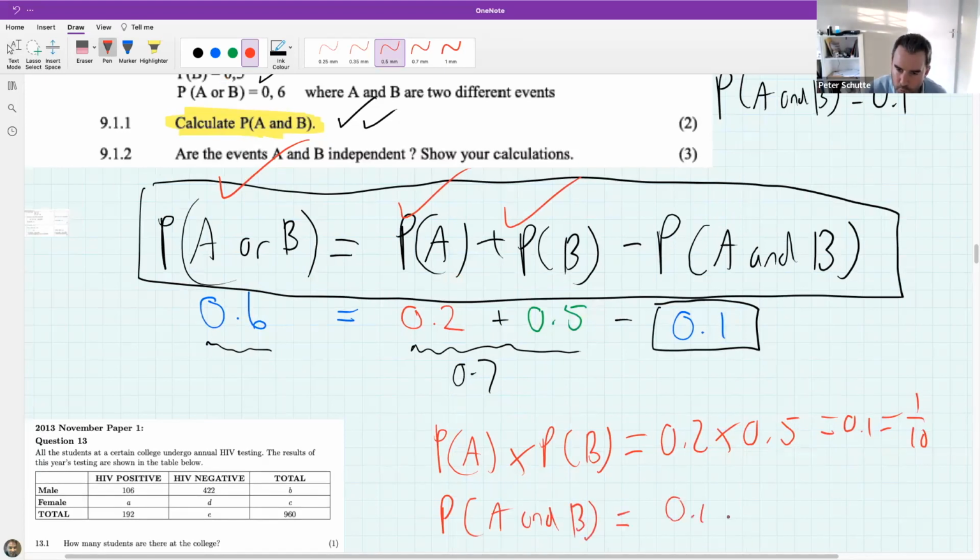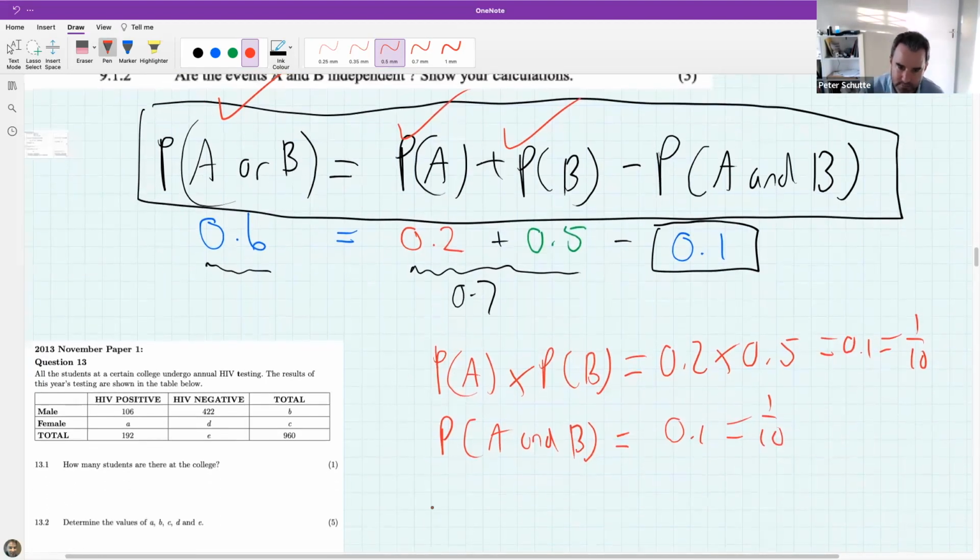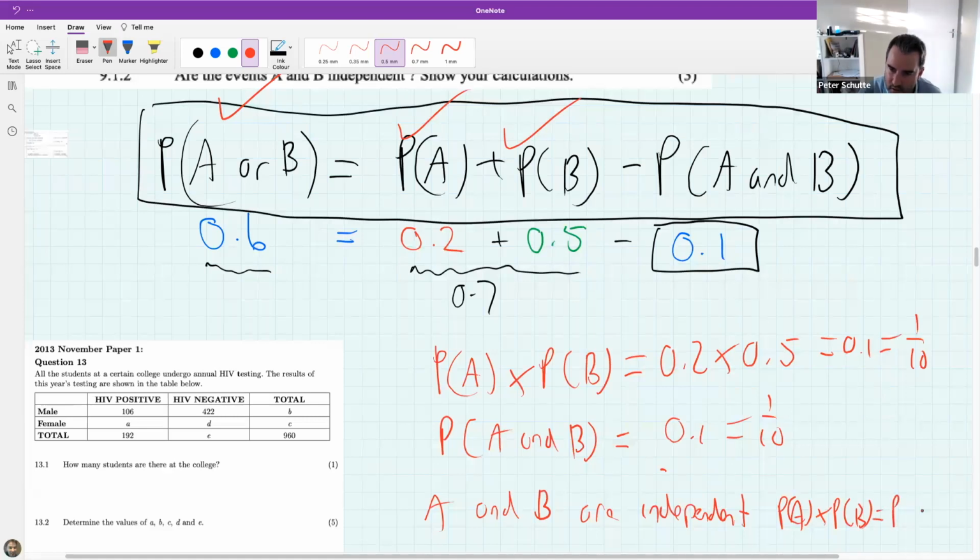And that is 0.1 or 1 over 10. So are A and B independent? Yes. A and B are independent because P of A times P of B is P of A and B.